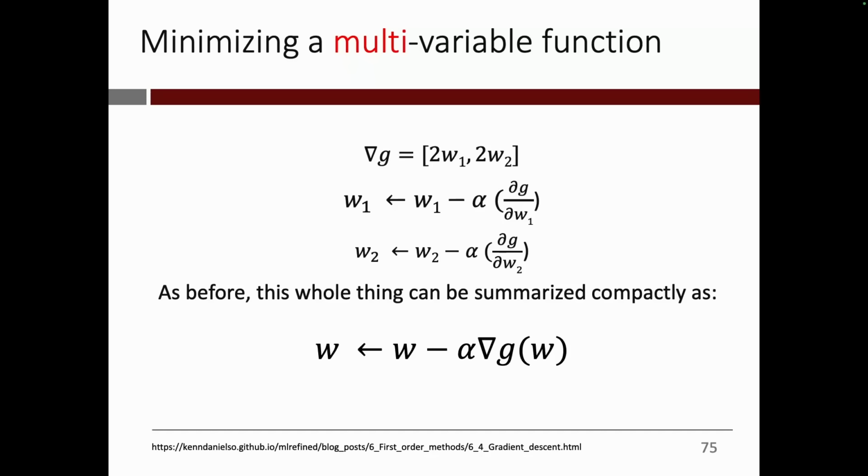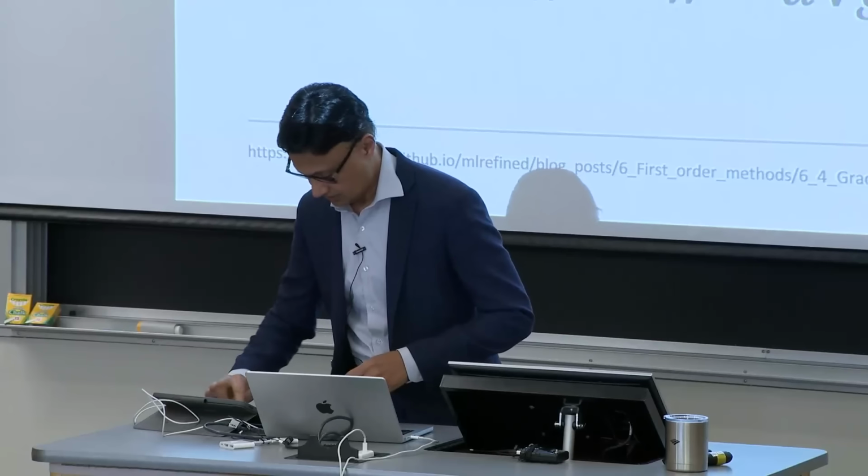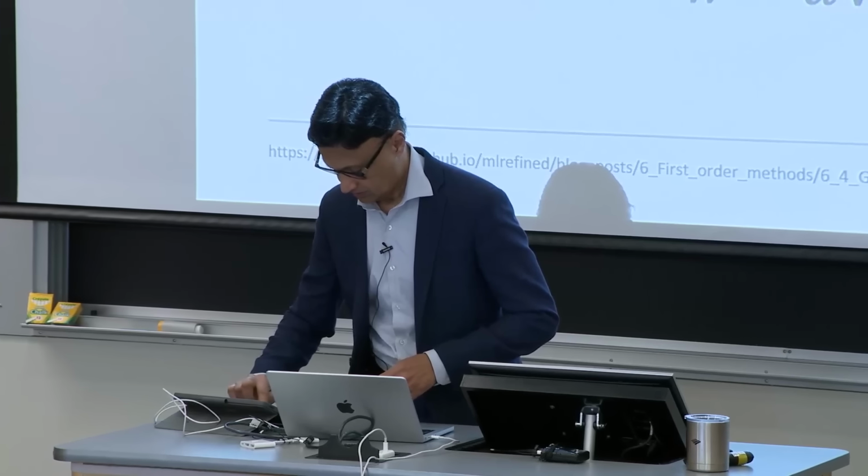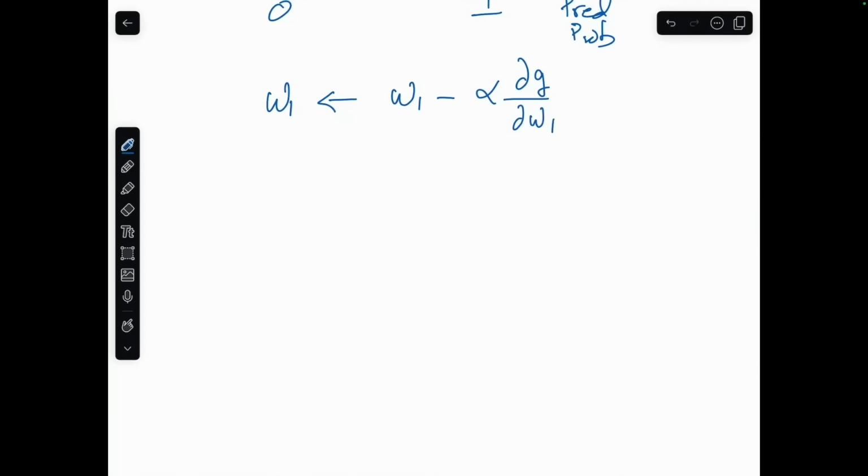So what's going on here is that I have the old W1 minus alpha times the partial derivative of g with respect to W1, then W2 minus alpha times the partial derivative of g with respect to W2.